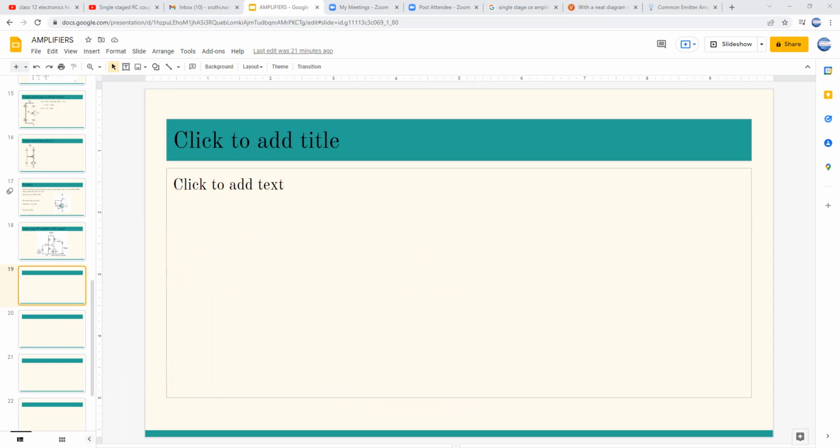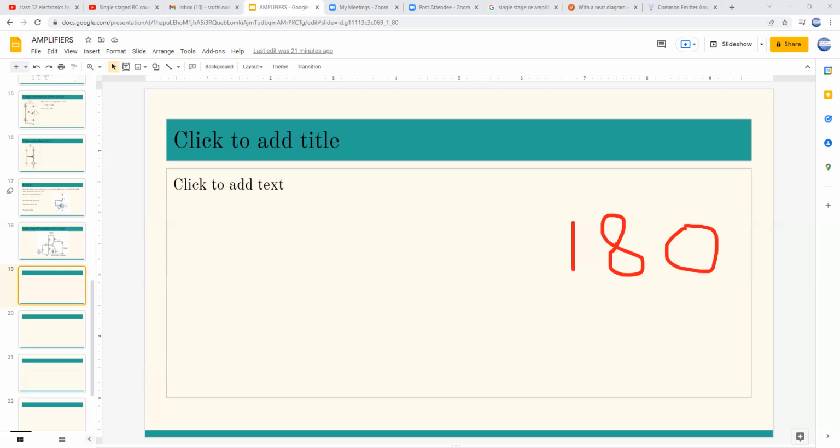You need not go into the details. I have given it in detail, but you need not go into the details of this. This section, frequency response, is given on page number 180 of the publication, class 11. Page number 180. In case you want to refer to it, you can refer.